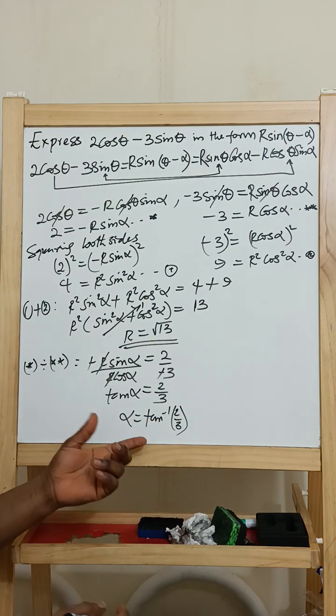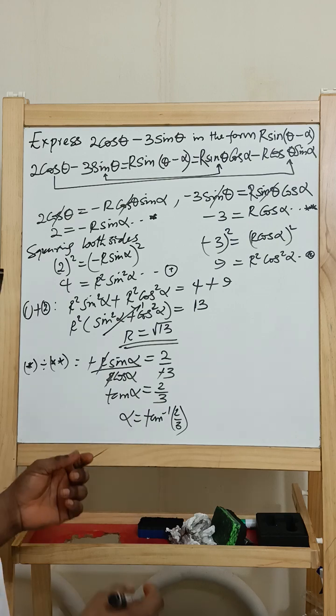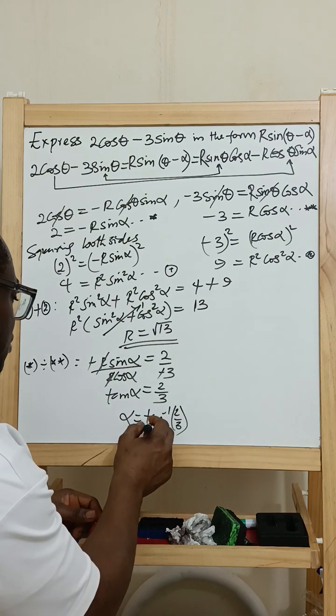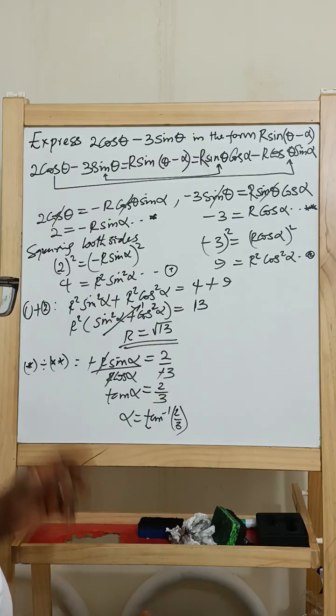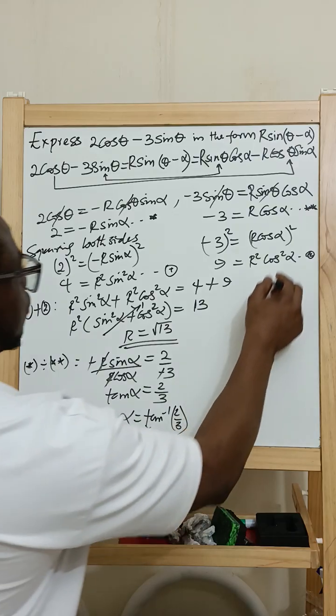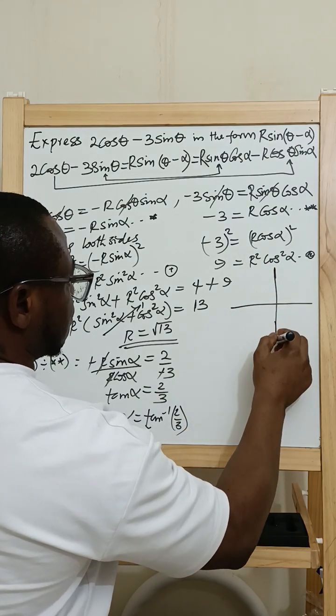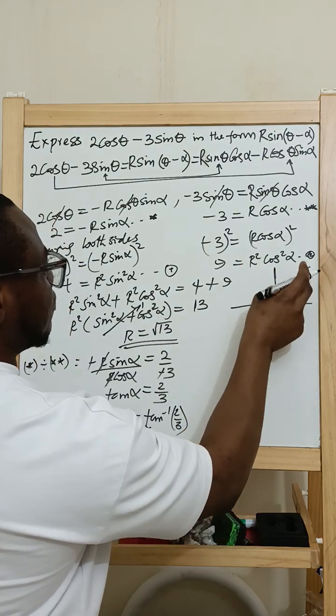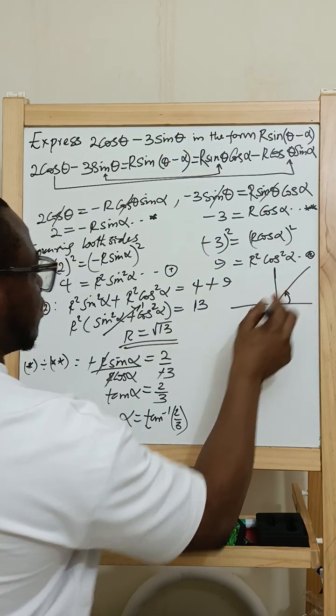Okay, you see this alpha, we need to determine its quadrant. Normally, if it is in the first quadrant, it should be in this place.